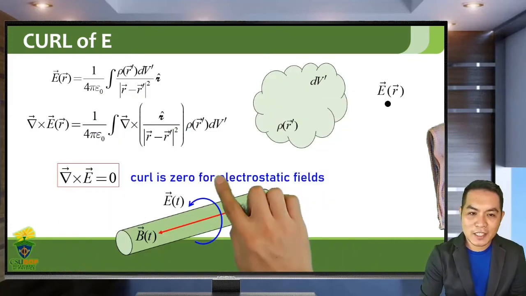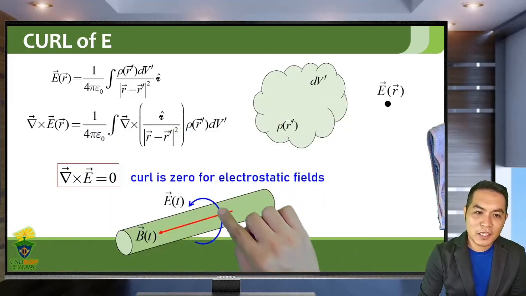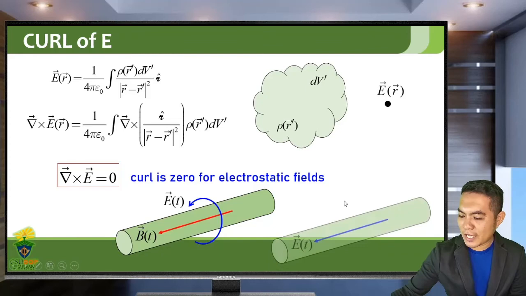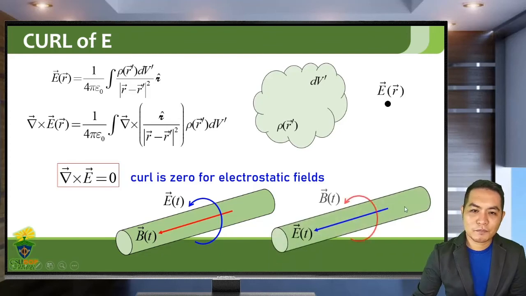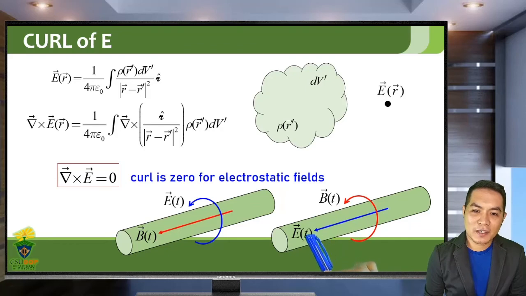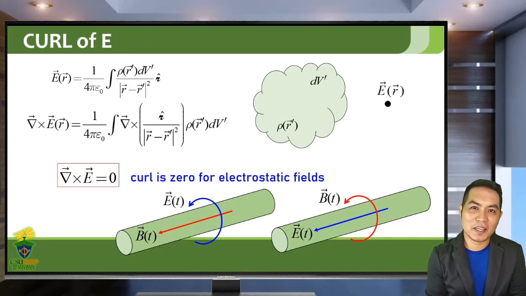In this example, the electric field is curling around the magnetic field, and both situations are reciprocal or symmetric. If you have an electrodynamic field, then there will be a magnetic field curling around it. So that's the relationship between electric and magnetic fields. They are actually normal or perpendicular to each other.